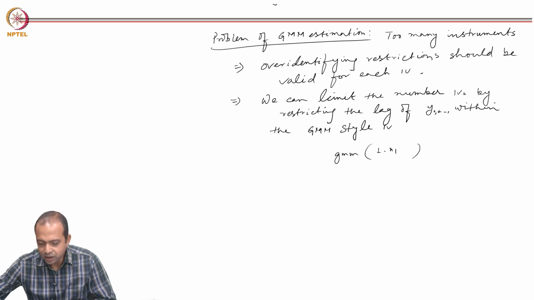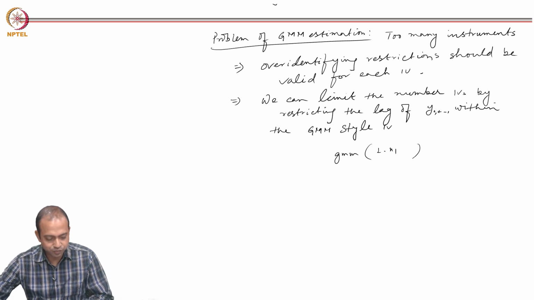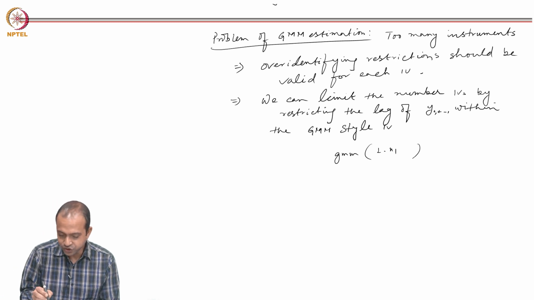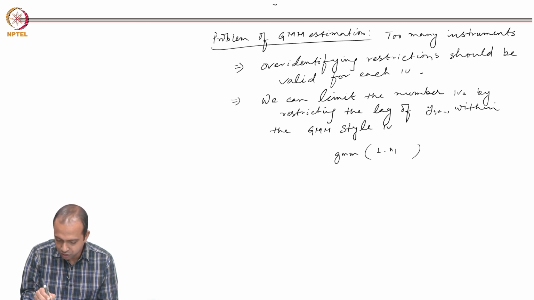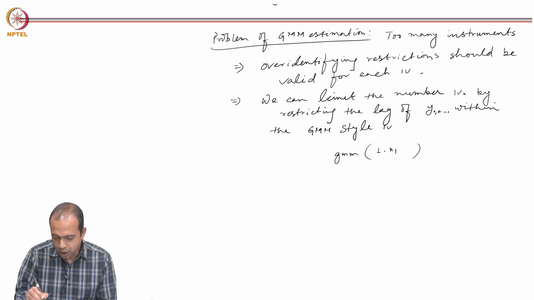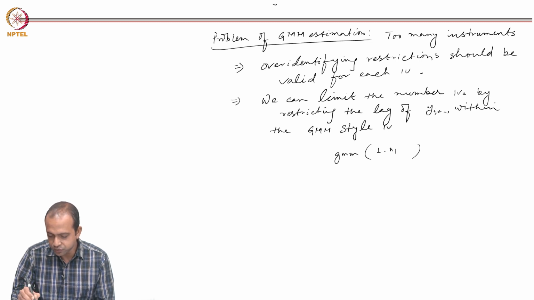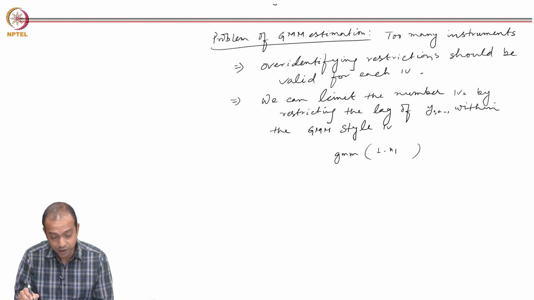Then there are two variants of GMM actually. GMM estimations are of two types. One is one step and another one is two step, which we have discussed.